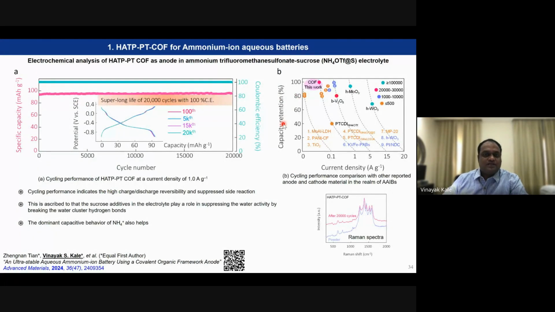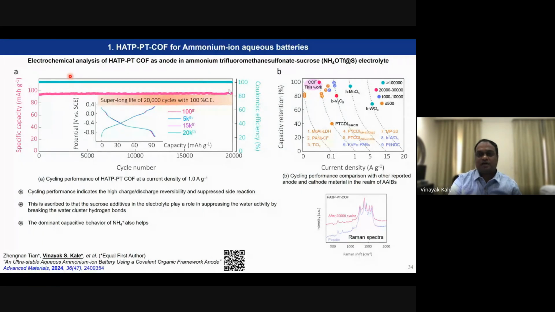So no surprise, due to this fast kinetics, we could achieve 20,000 cycles for this ammonium ion battery, which is very good. And at that time it was the first report to demonstrate 20,000 cycles for an ammonium ion battery. Here you can see that the Coulombic efficiency is also very good, around 100%.